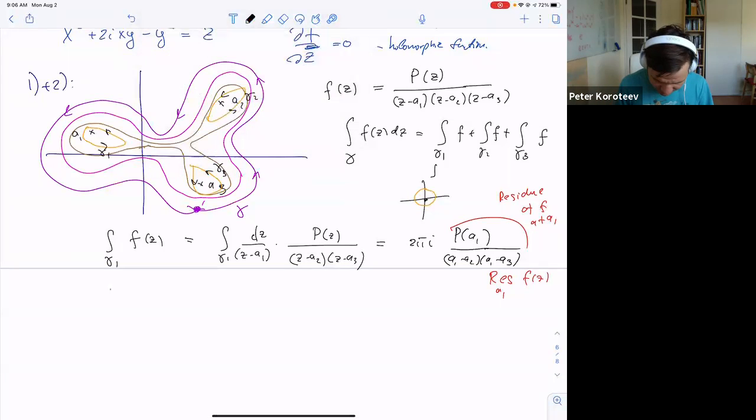Yeah, and then analogously you can write that the integral over gamma 2 of f of z is equal to 2 pi i times the residue of f at a2, and then the same with 3.